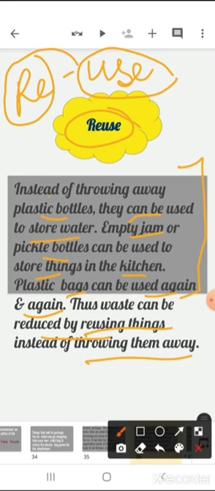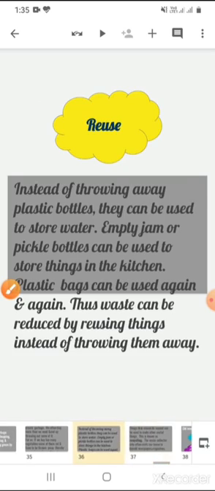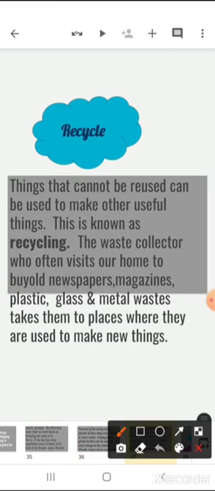So we don't have to throw away so many things or create so much garbage. The things which can easily be reused, we have to reuse, to conserve the environment. Understood? Now we have the next one, recycle.